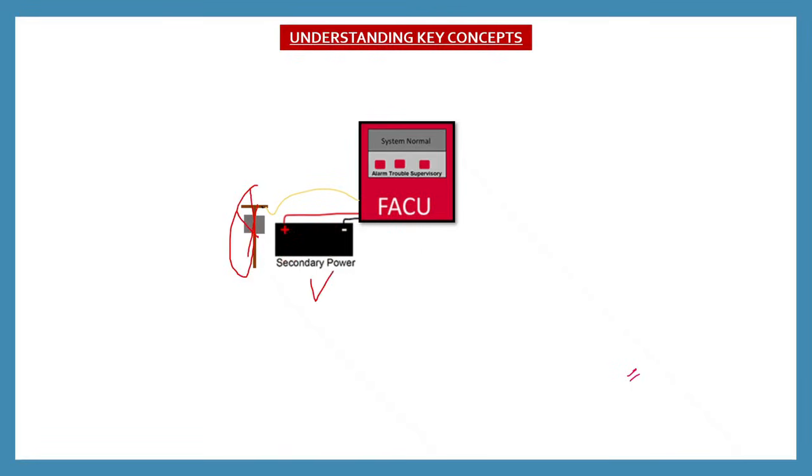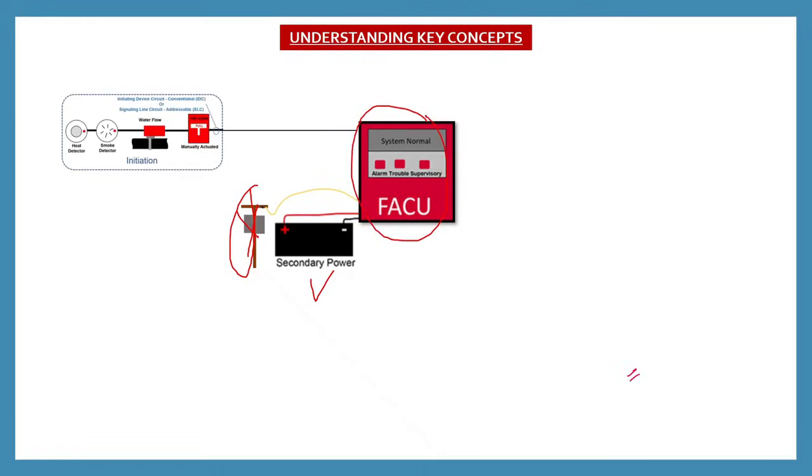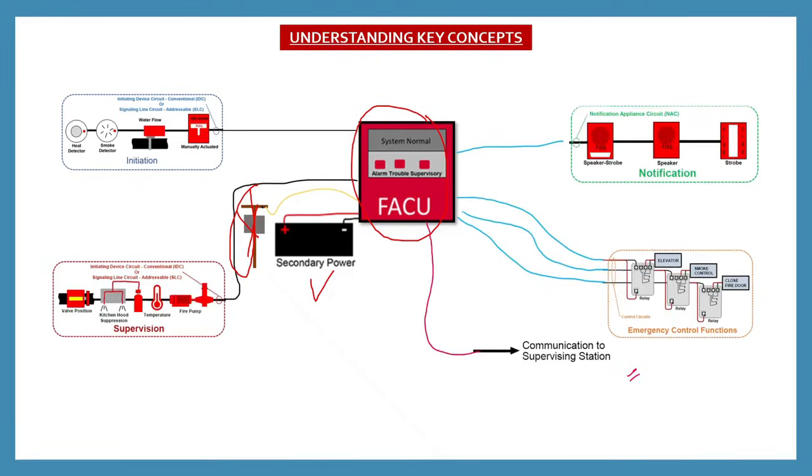So why is secondary power required as per NFPA 72? Because the fire alarm system must always be operational even during a power outage. Secondary power ensures the system can monitor the building continuously in standby mode and sound alarms during emergency mode.